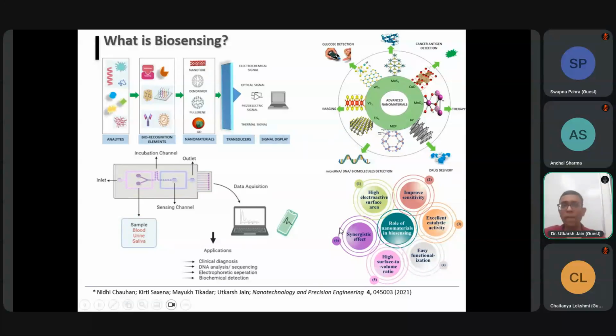And apart from enhancing the electrochemical signal, since they have a very high surface to volume ratio, if my biorecognition element is very small, for instance an enzyme, then since the surface area is very high, the loading, binding, or coating of enzyme on the electrode layer is higher, and that loading is uniform when I'm using the nanomaterials.